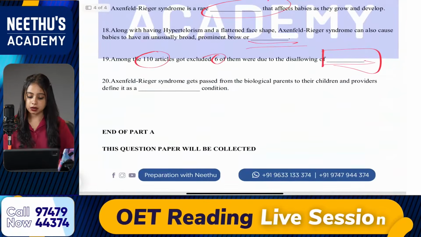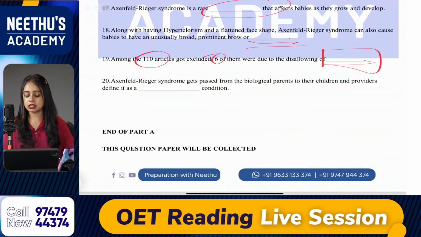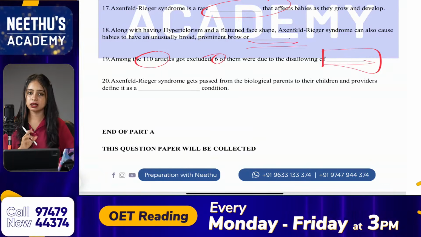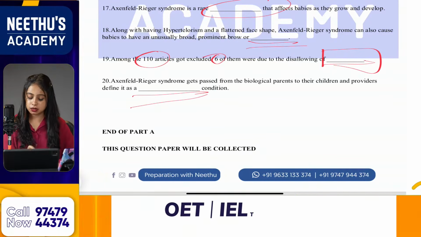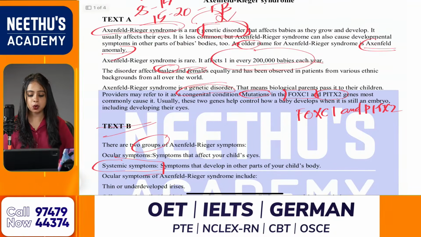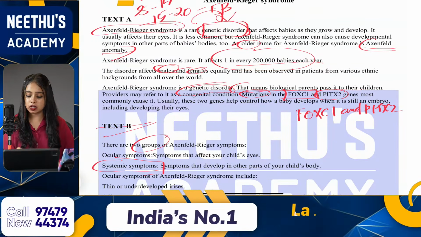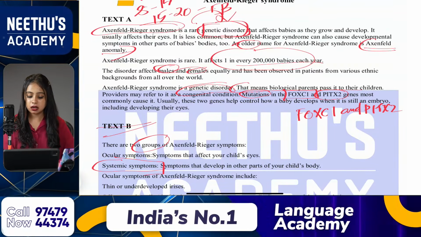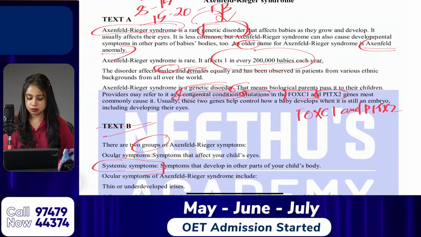Then the last one. Axenfeld-Rieger syndrome gets passed from the biological parents to their children, and providers define it as a dash condition. What condition? Again from text A, that means biological parents pass it to their children. Providers may refer to it as a congenital condition.